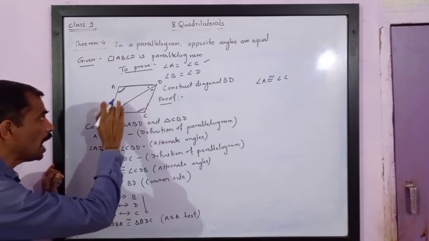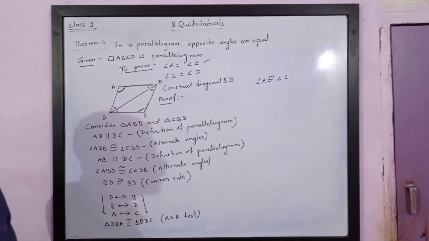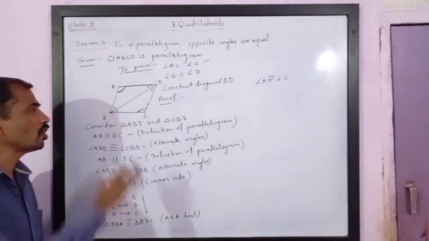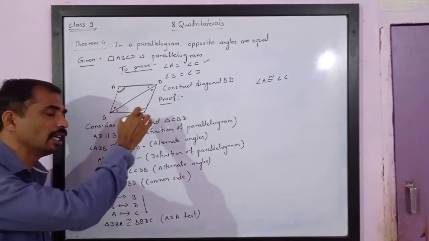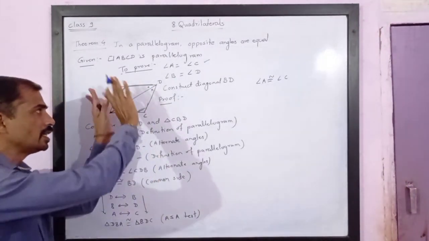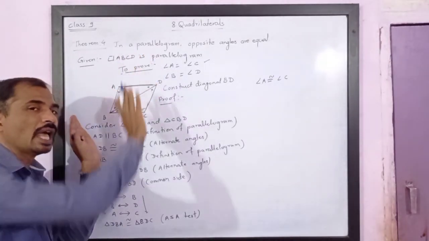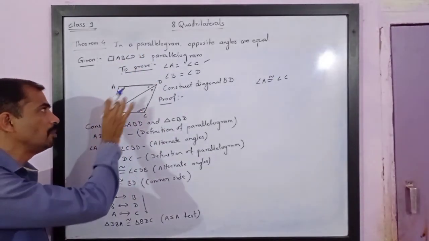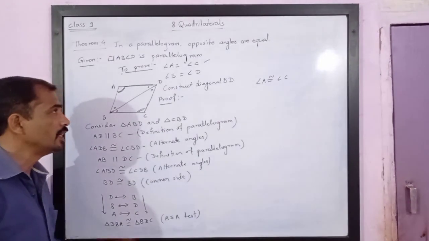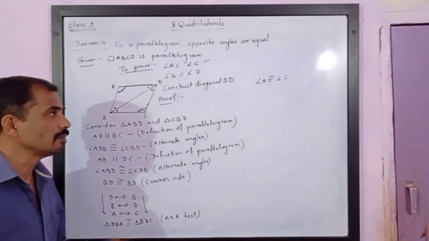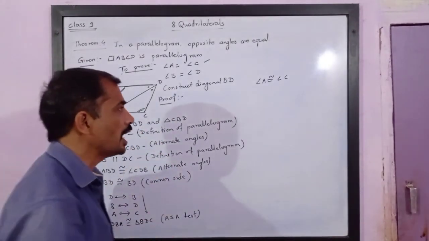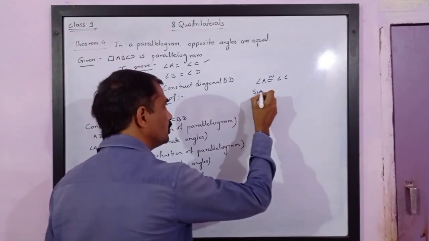Now we need to prove angle B is congruent to angle D. In order to prove angle B is congruent to angle D, we have to draw the diagonal AC and consider two separate triangles. And again, you can prove that angle B is congruent to angle D. Similarly, process is exactly similar. So instead of writing, we are directly mentioning similarly.